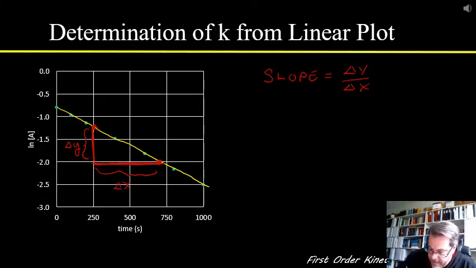Okay, I'm going back to the yellow because it shows up a little bit better. All right, so our slope is going to be the second y value, right here, and that y value is -2, minus the first y value over here, which is, we'll just say -1.2.